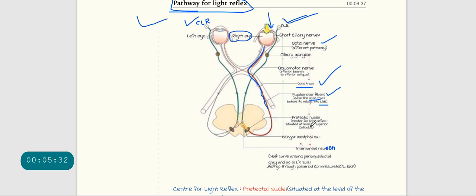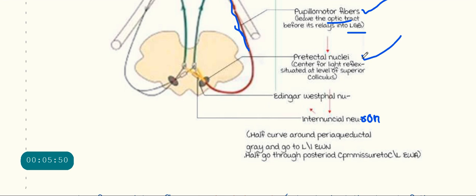Very simple. Now, when this pupillomotor fiber has come out, it goes to the pretectal nuclei. And what is this pretectal nucleus? This is the center of the light reflex, which is situated at the level of the superior colliculus.